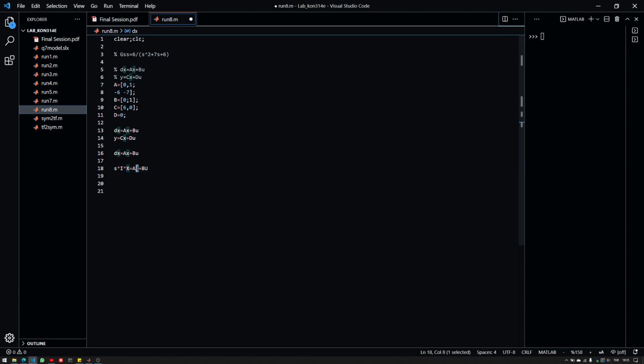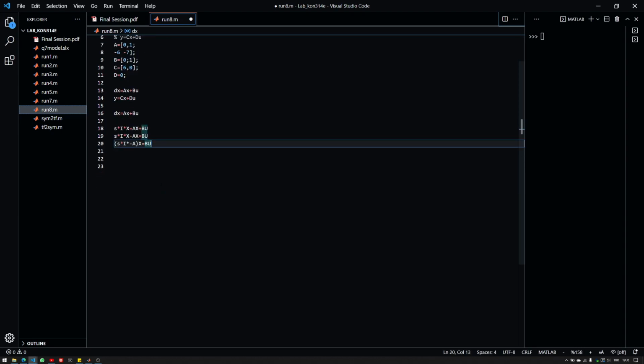So now I can rearrange this. I can take ax and put it in here, and I can also factor out x here. The ordering is important. Keep in mind that this is on the right hand side, and this is bu.